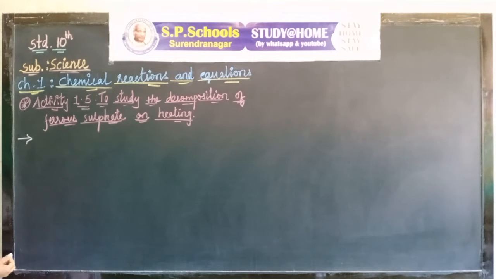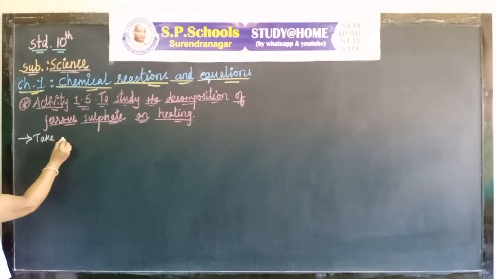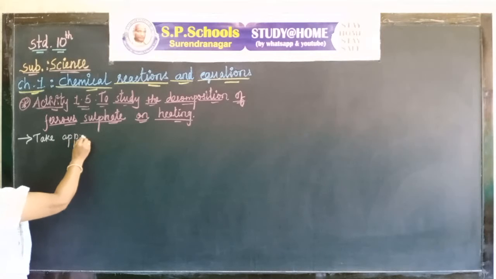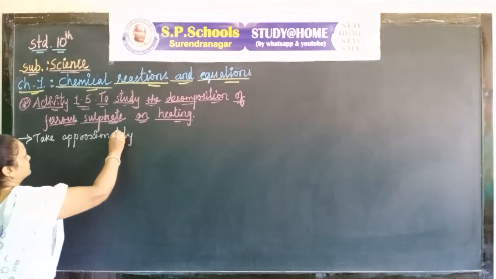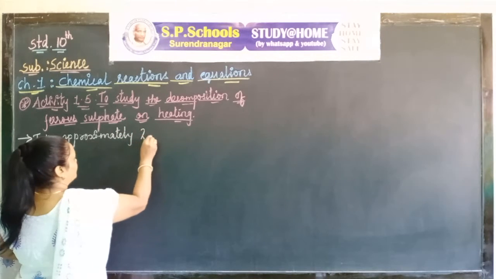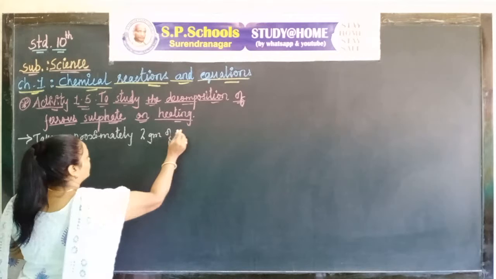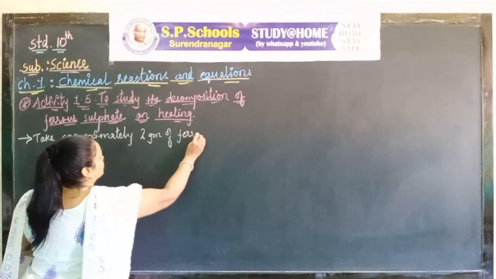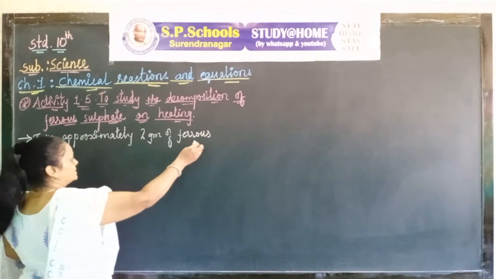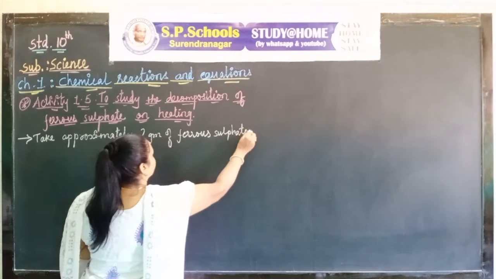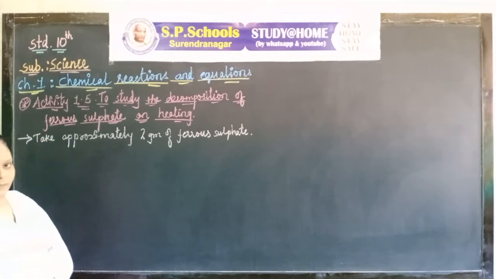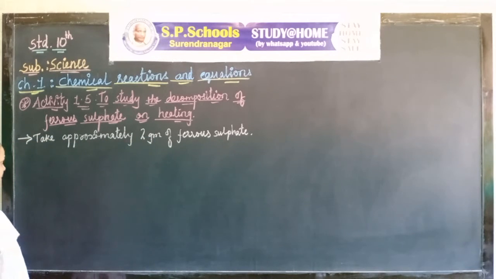Let's see the activity procedure. In the decomposition of ferrous sulfate, first of all take approximately 2 grams of ferrous sulfate.